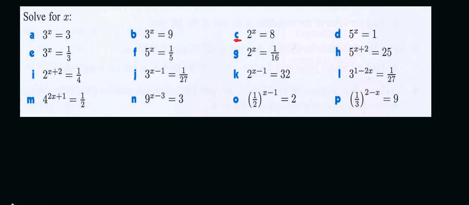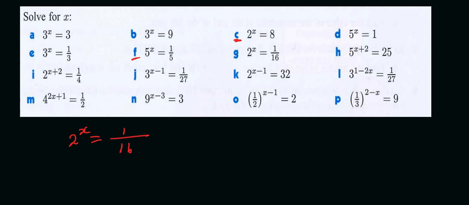Now you can try F using the previous example. Try this using the example I gave on E. Next we have 2 exponent x is equal to 1 over 16.